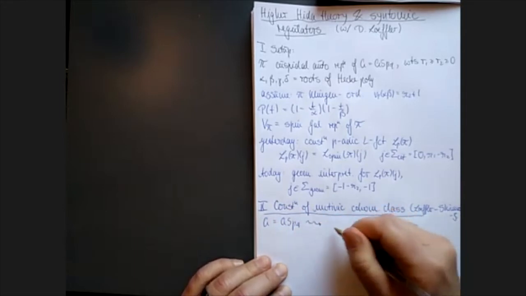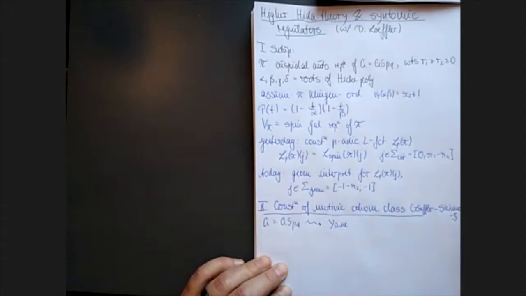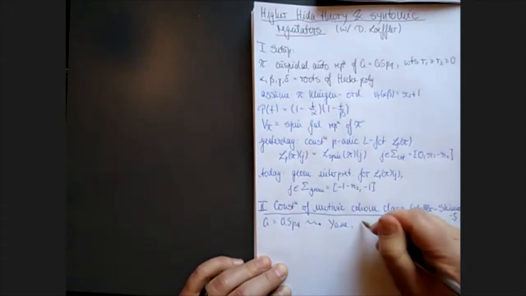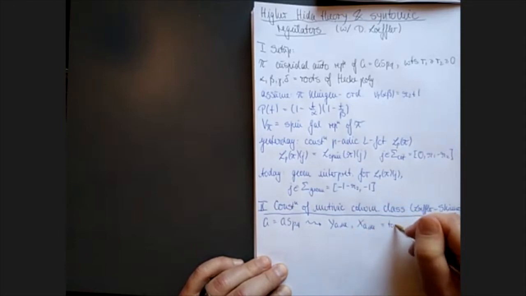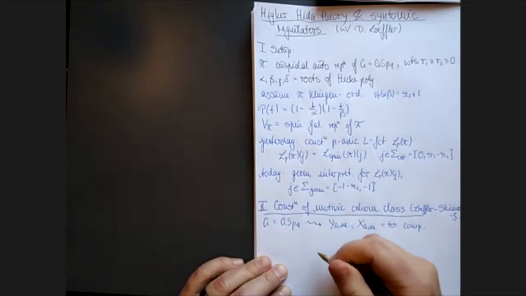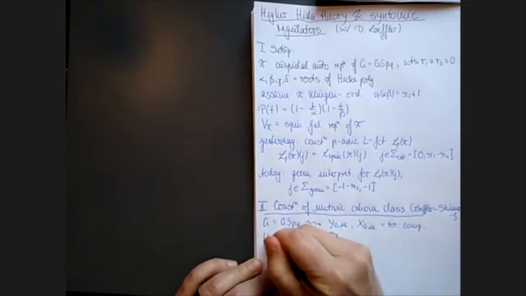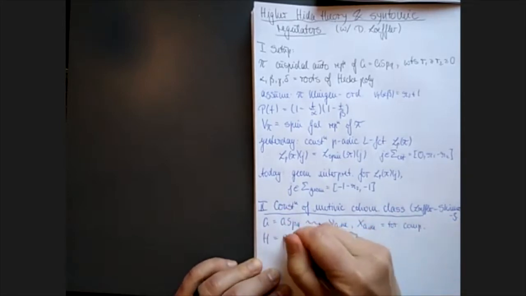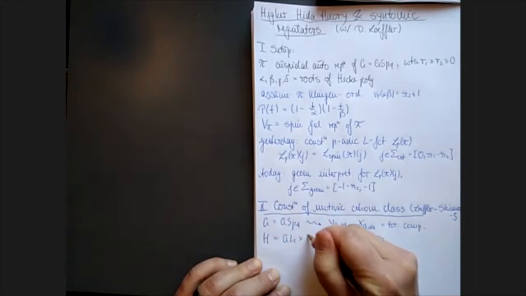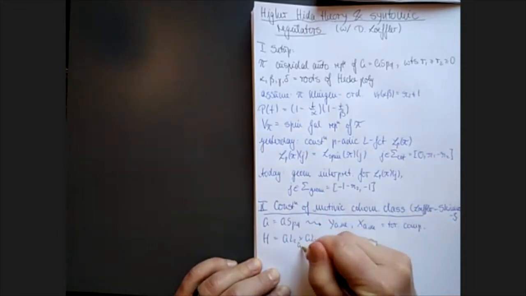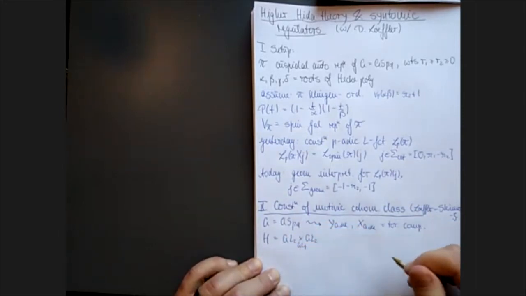Associated to that, we have the Shimura variety with Klingen level structure at p, and I will write X_G Klingen for the toroidal compactification. Then we have the subgroup H, which is GL2 times GL2, where we take the fiber product over GL1.